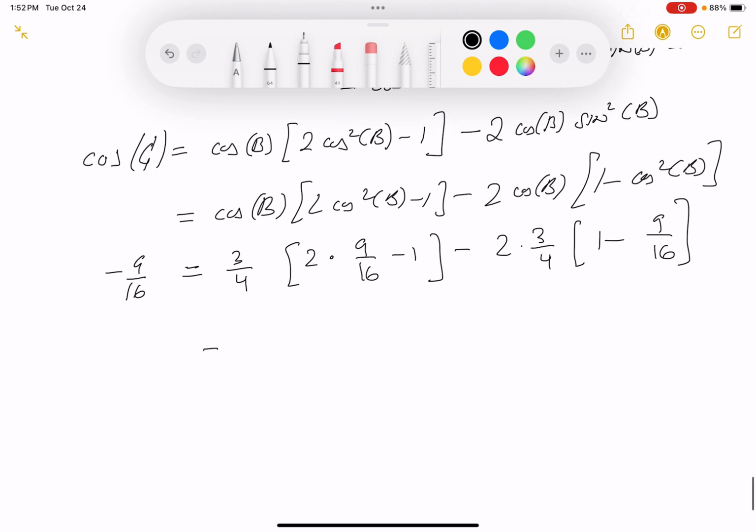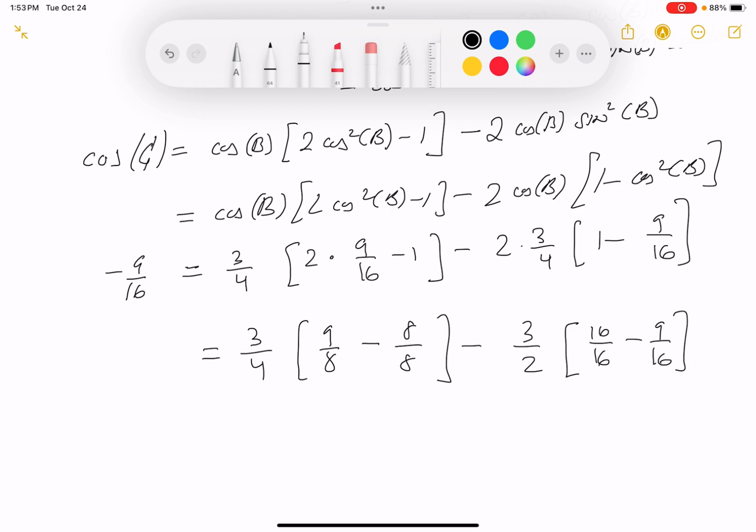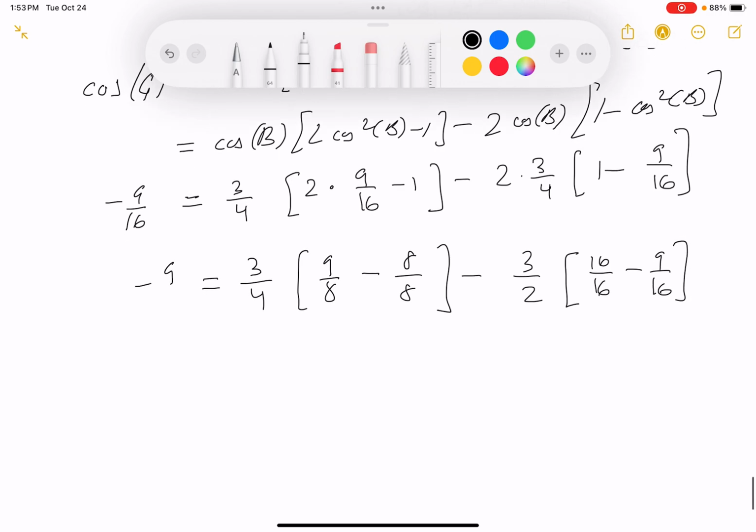And I got some arithmetic to do over here. And it's always painful, but I'm hoping this works out nicely. That's going to be 9/8 minus 8/8. All right, minus, this will be 3/2. And then you get, this is going to be 16ths, right? So 16/16 minus 9/16. I'm just doing the arithmetic, and I'm hoping this equals minus 9/16, by the way. Sorry about that. 3/4.